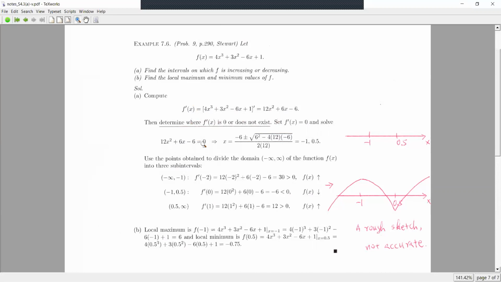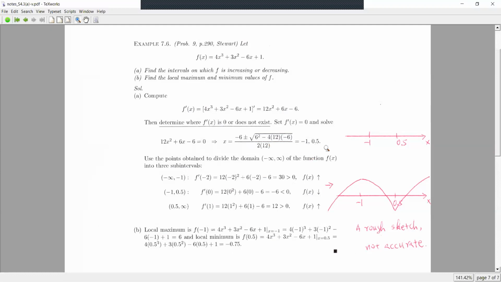Now solve this equation. You can use factorization, but I like to use the quadratic formula. Then quadratic formula, negative b plus minus square root b squared minus 4ac over 2a. The answer is negative 1 and 0.5. So 2 points where the derivative is 0. Derivative is 0 only at these 2 points.